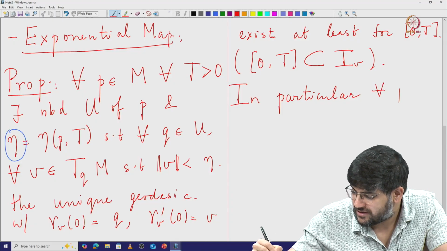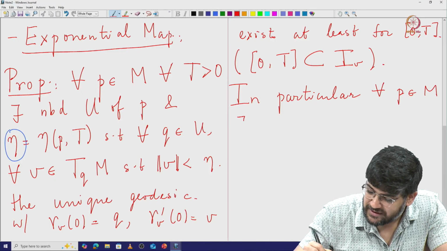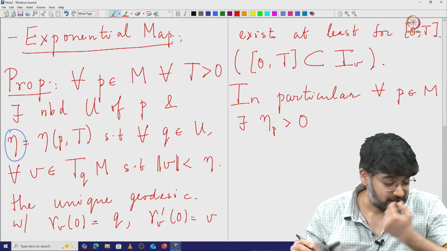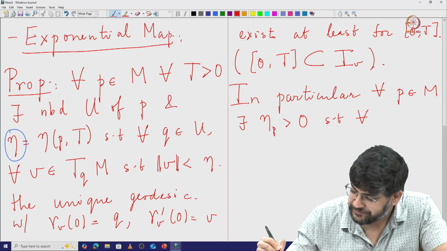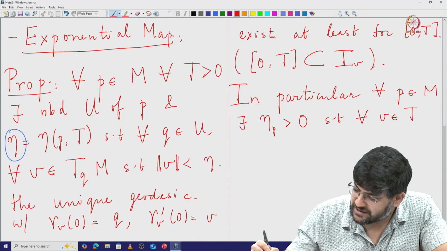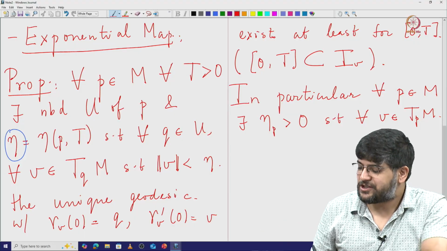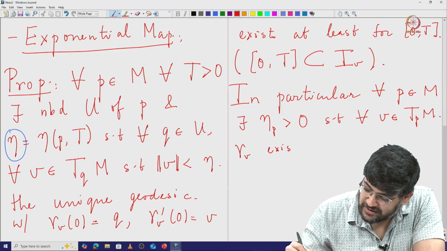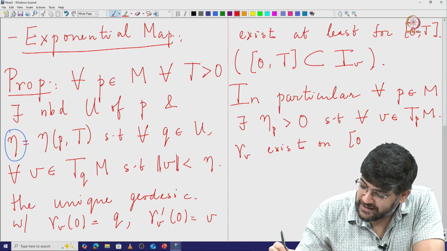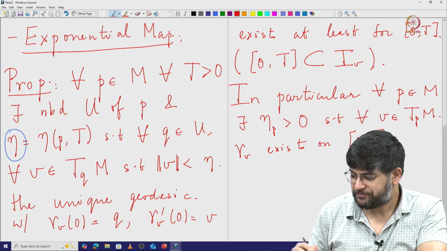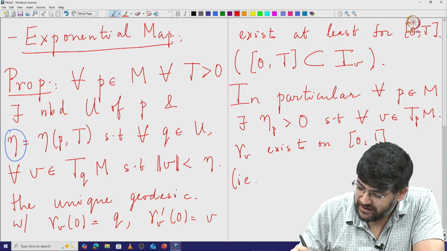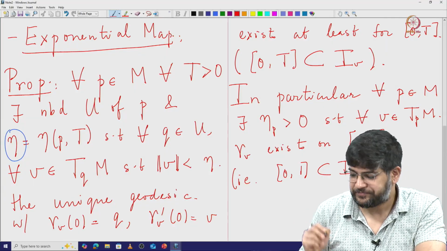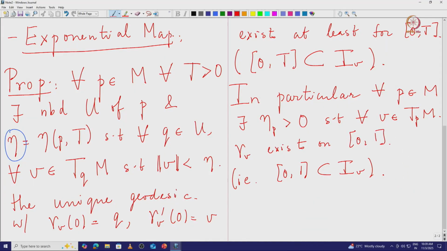For all points P in M, there exists a constant eta_P strictly positive, such that for all vectors V in the tangent space at P, gamma_V exists on at least the unit interval, or equivalently the unit interval is at least contained inside I_V.